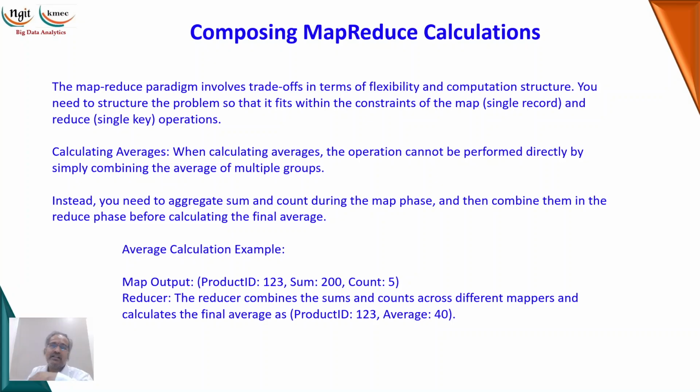Now the reducer has to take this product ID 123, take the sum and also the count, and perform 200 divided by 5, so that it gives the average, 40. So the reducer combines the sums and counts across the different mappers and calculates the final average.